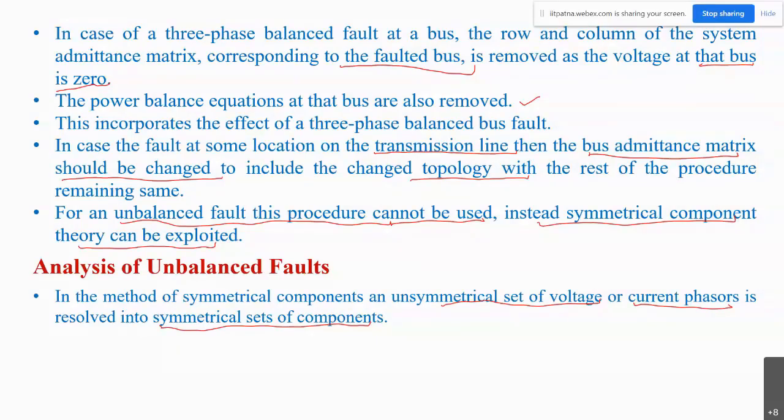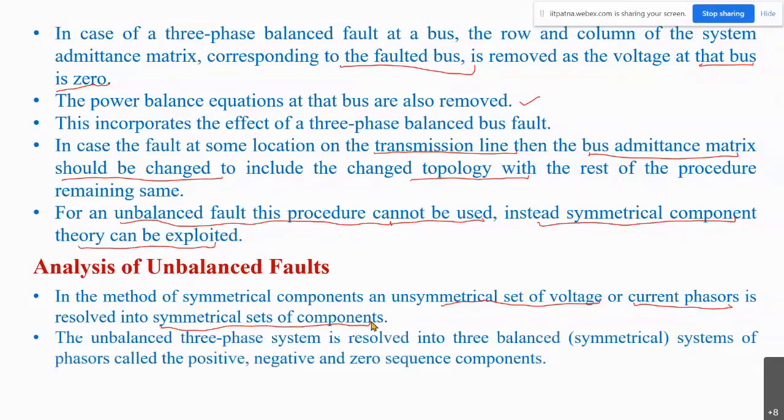There are three symmetrical components: zero sequence, positive sequence, and negative sequence components. I think you have already studied this in your BTech course, in the fault analysis part of your previous courses, so I'm just revising those parts.